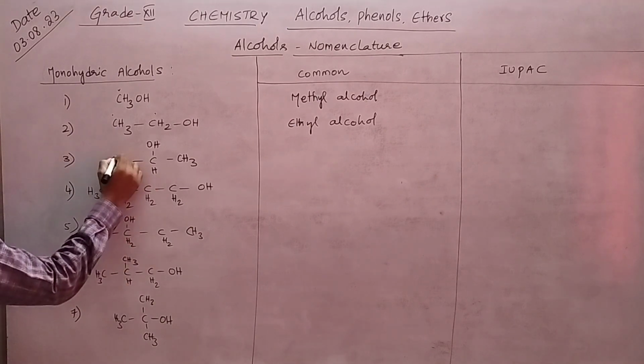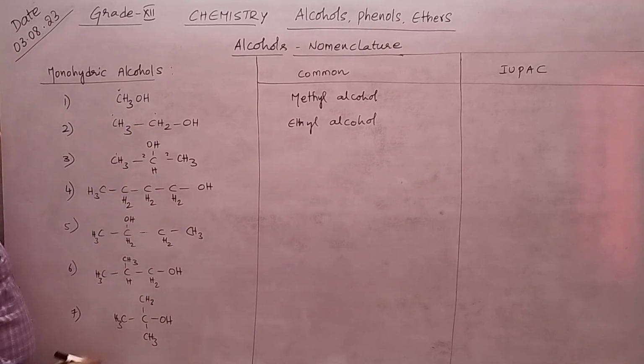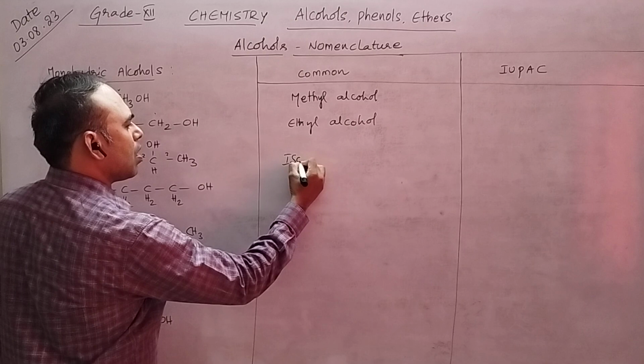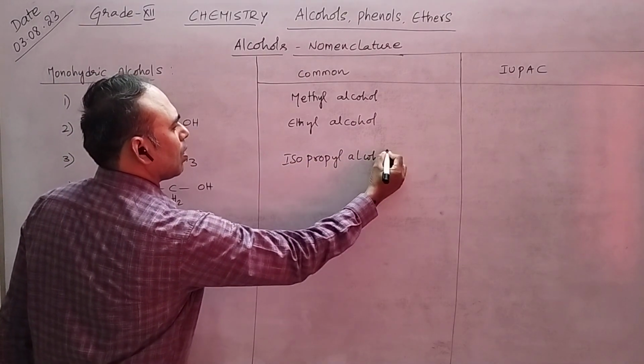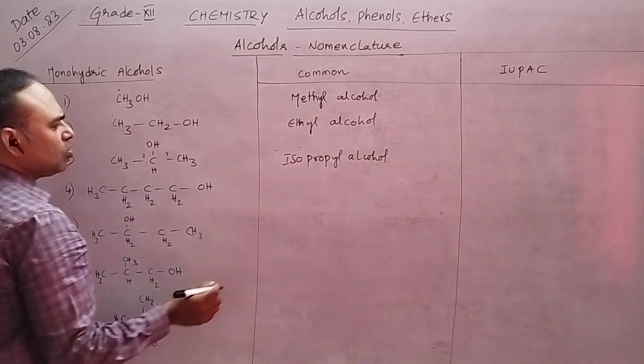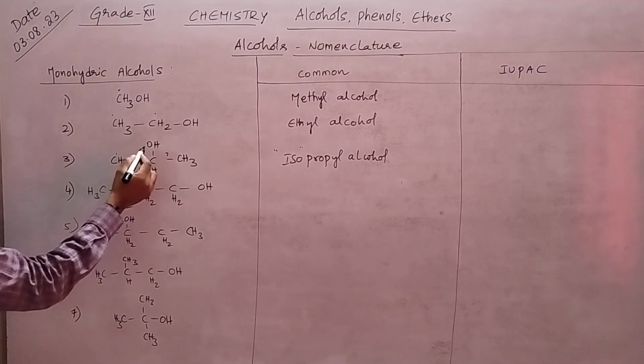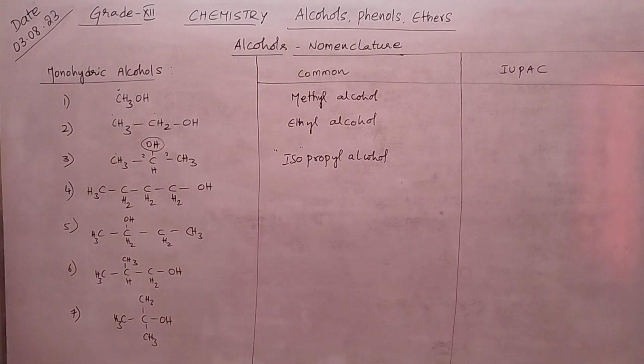Now next one is isopropyl alcohol. As you are aware, what is meant by iso? If you have at the second last carbon one group, then you call it iso. So propyl, because three carbons are there.